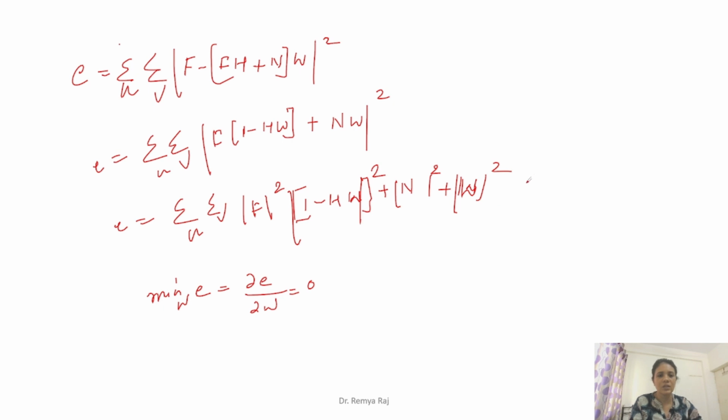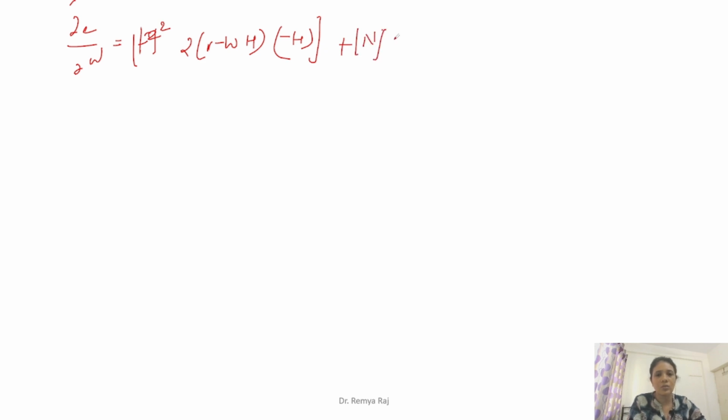So the dou E by dou W is equal to this equation. So this equation we need to differentiate with respect to W. So this can be written as f square, differentiate f square into 2 into 1 minus WH into minus H, plus n square, it's a constant, into n square into 2W.